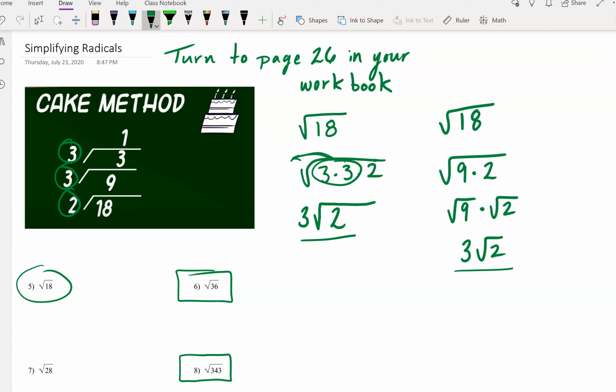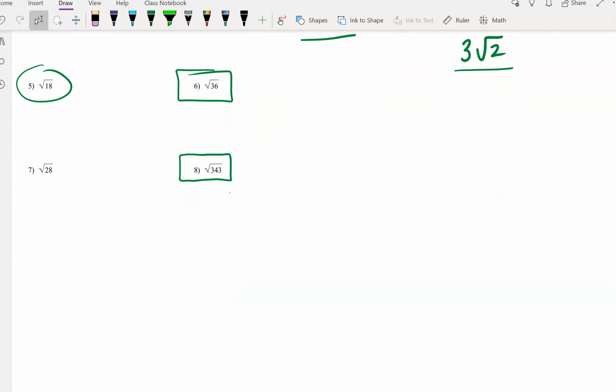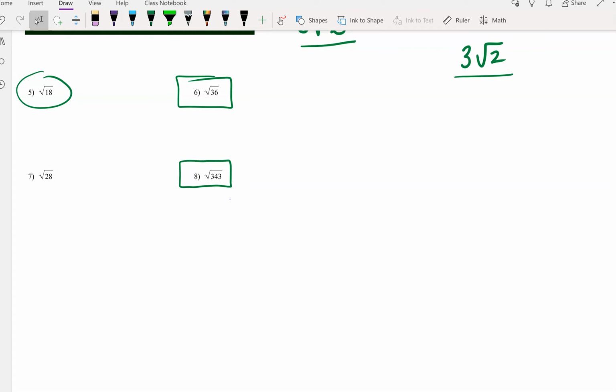Well, welcome back. Hopefully you guys have tried number 6 and number 8. And one of the things you might notice about number 6 is that it actually is a perfect square. Now, if you didn't notice that, it's possible that you may have taken that 36 and said, oh, I know that 36 is the same as 2 times 18. And then I know that 18 is the same as 2 times 9. And I know that 9 is the same as 3 times 3.